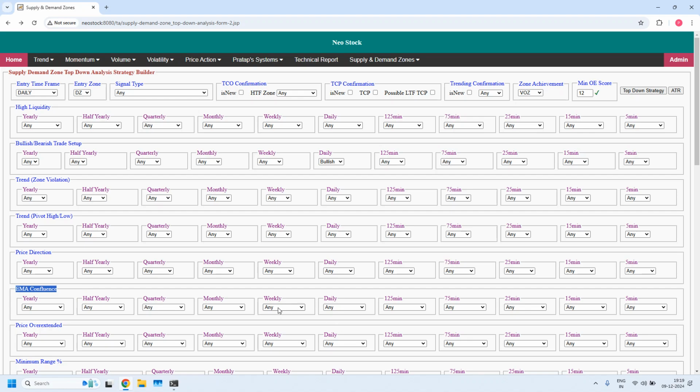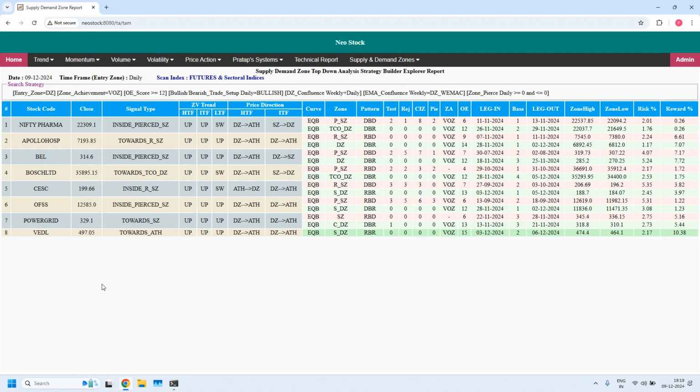So in the EMA Confluence, weekly time frame, weekly demand zone having weekly EMA Confluence, it is even more high probability trade setup. So out of 14, we got 8 stocks. In these 8 stocks are high probability trade setup supported stocks with LTF, ITF confluence, and ITF zone is having ITF EMA confluence.